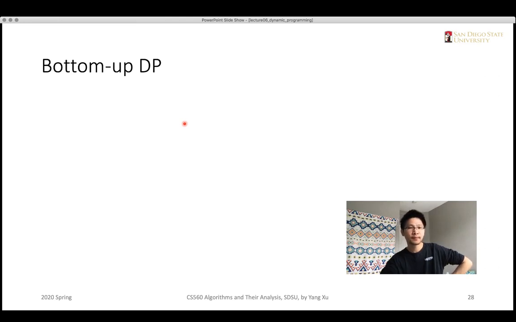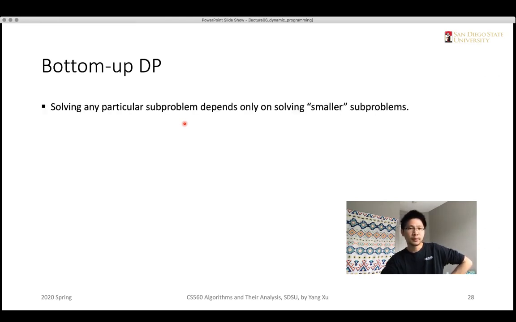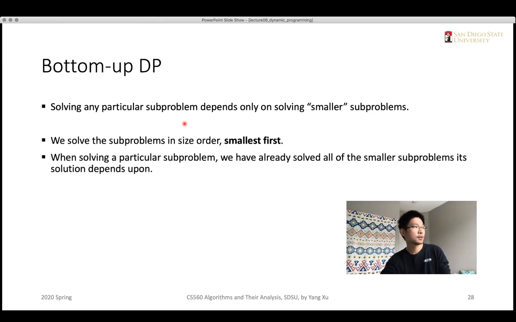So in this bottom-up approach, we need to solve smaller subproblems first, because any bigger problem depends on the smaller subproblems. We start from the smallest case. And when solving a particular subproblem, we need to make sure that all the smaller subproblems are already solved.